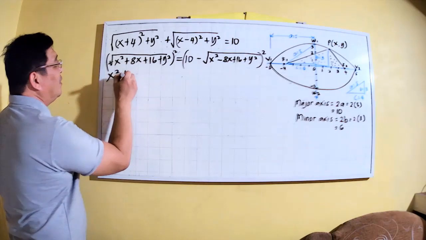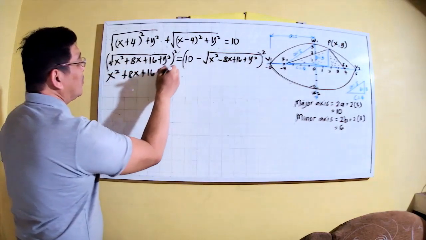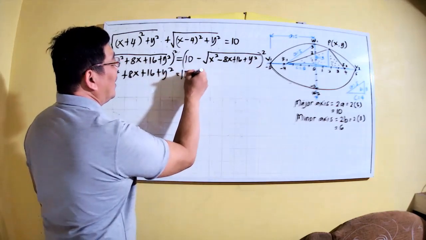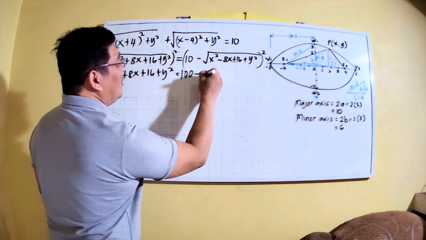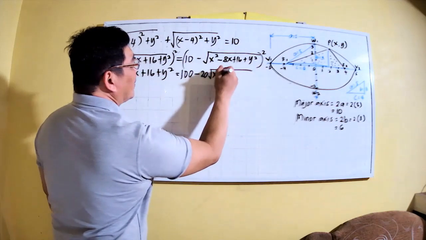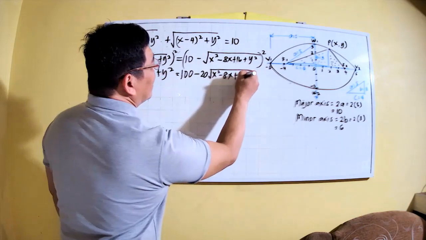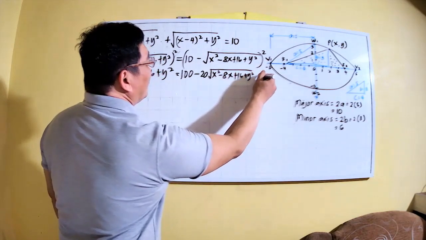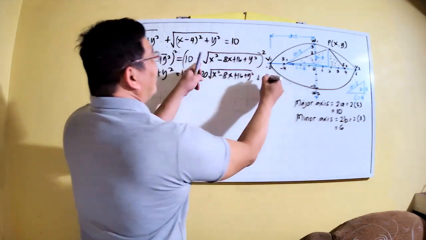X squared plus 8x plus 16 plus y squared is equals to 10 times 10 is 100 minus the middle term of this is 20 times the square root of x squared minus 8x plus 16 plus y squared, and then plus this one times this one, you're going to have positive.